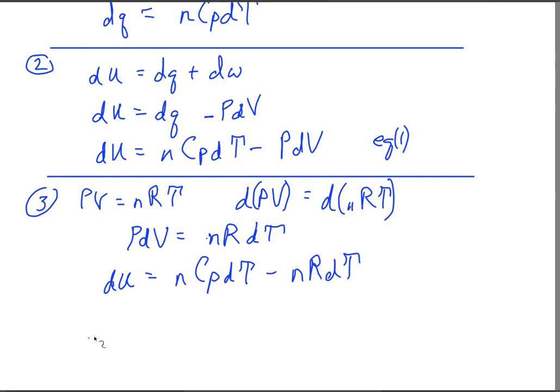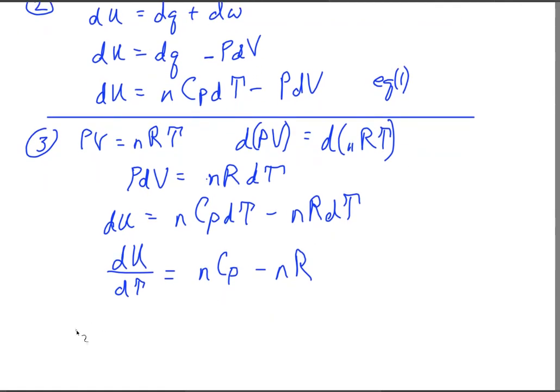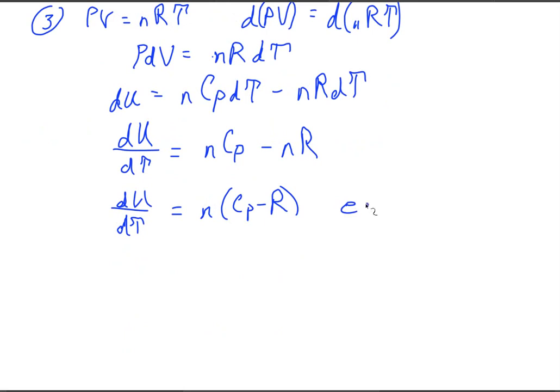And then we'll divide through by dT, so we will get dU/dT is equal to, I suppose it's going to be n Cp minus nR, which will become dU/dT is equal to n times (Cp minus R). And we will call this one equation 3.